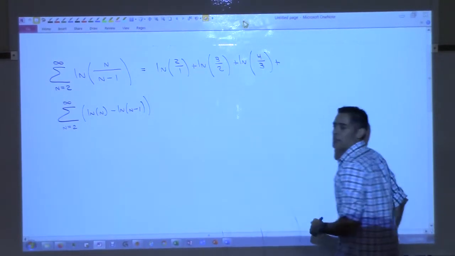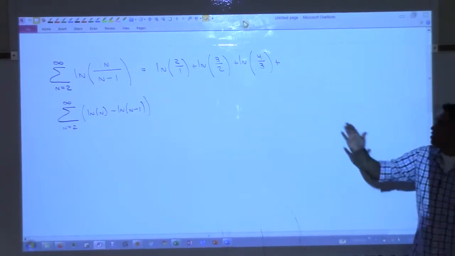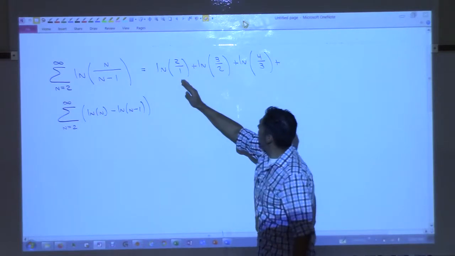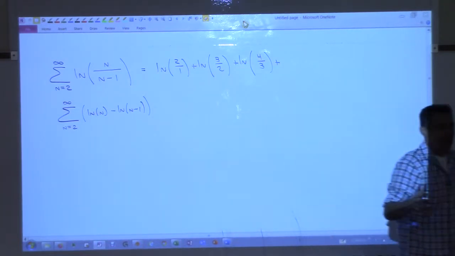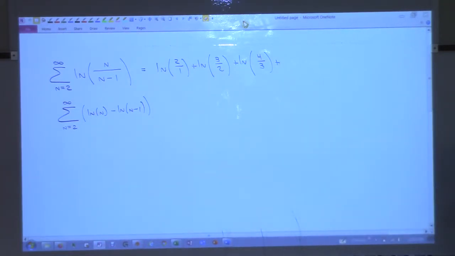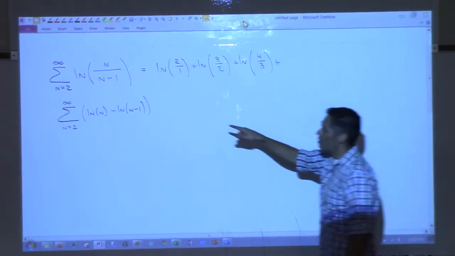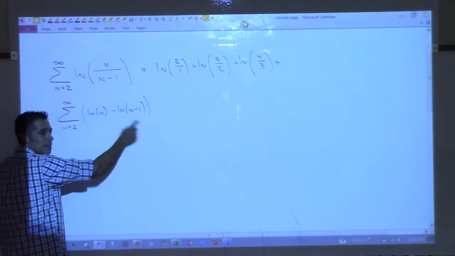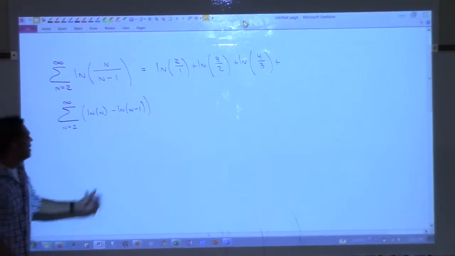Plus, and that's what I would keep doing, right? There is no collapsing happening here. Do y'all see why there's no collapsing? I mean, there's no subtractions. So you're never going to get it to collapse unless you use the property of logs to rewrite this log as natural log of this minus this. Now start plugging in and let's see what happens.